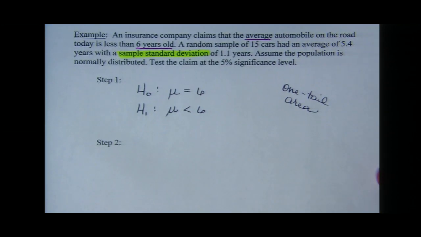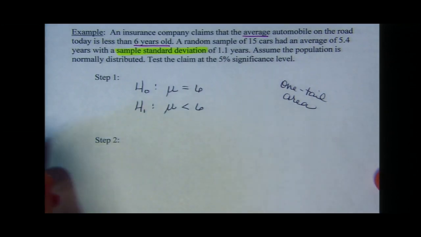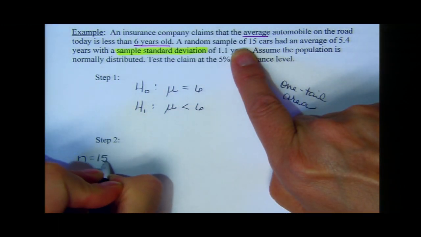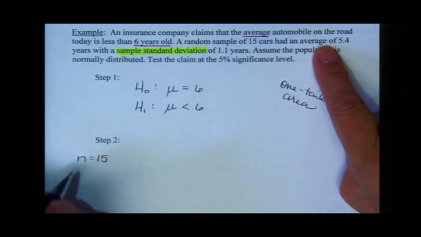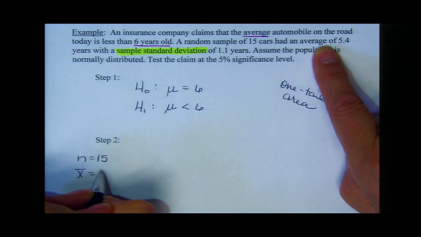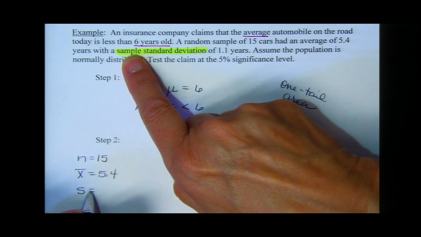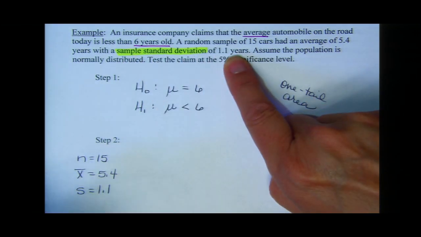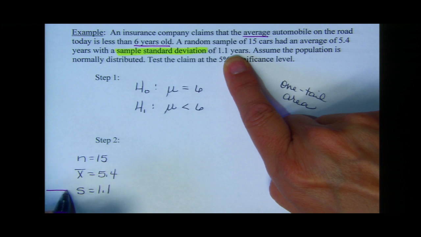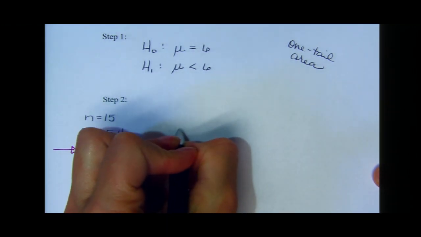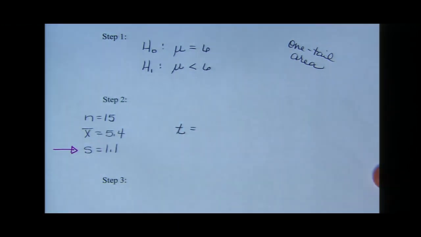So step 2 is your test statistic, and we had a sample of 15 cars, and those 15 cars had an average, or x-bar, of 5.4 years, and a sample standard deviation s of 1.1 years. And again, since this is the standard deviation from the sample, then I know I am calculating a t-value, and I'll use the student's t-distribution.